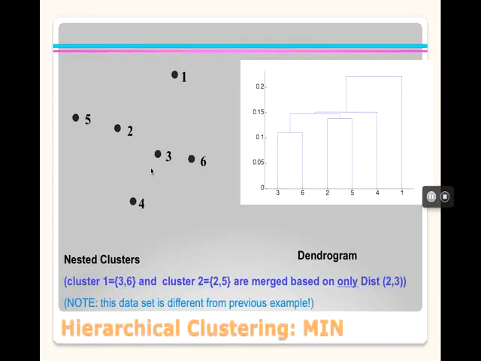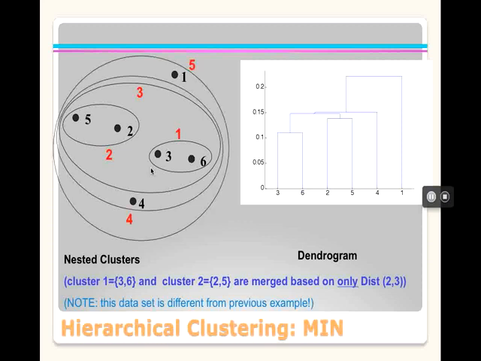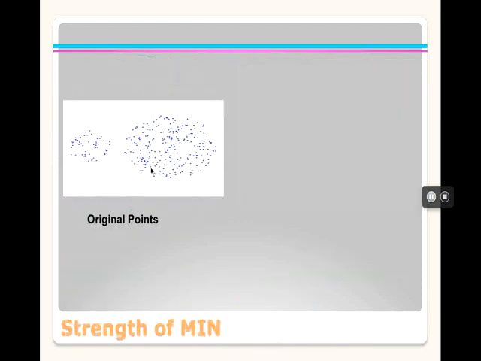For those points, what kind of clustering can I do? First, hierarchical clustering using the minimum: found that those two are the closest, then found that those two are the closest, then joined the third one, the fourth one, and the fifth one. This is the technique that has been used.